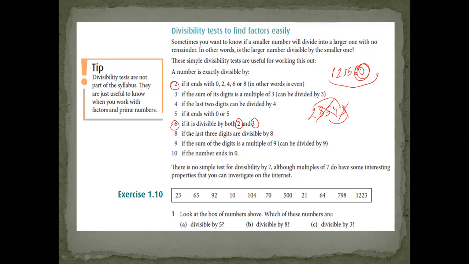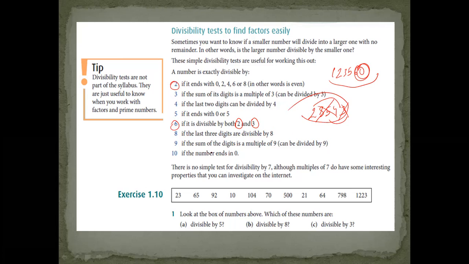Yes, this number is divisible by 8, but 2 and 3 is not divisible by 6. That's why this number is also not divisible by 8. Okay, last 3 digits are divisible by 8.